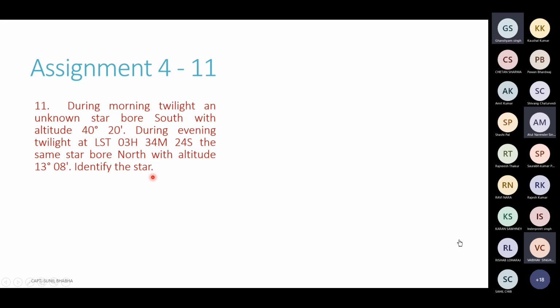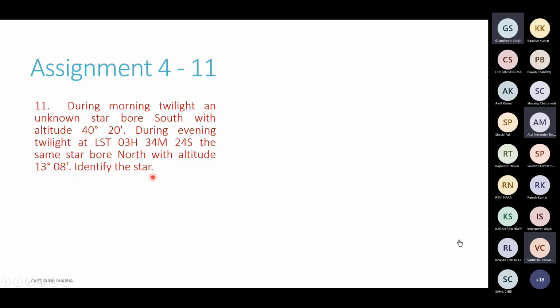Before we start solving this question, I would like to explain the basic procedure which we follow in all these celestial navigation based questions. Number one, draw the rational horizon diagram.